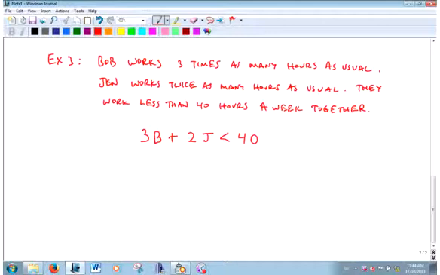Twice means double, or 2 times. If she worked 10 hours, now she's working 20. There's only 40 hours to cover here. Between the two of them, we have to get those 40 hours covered. So these both have to add up to less than 40. See the less than?